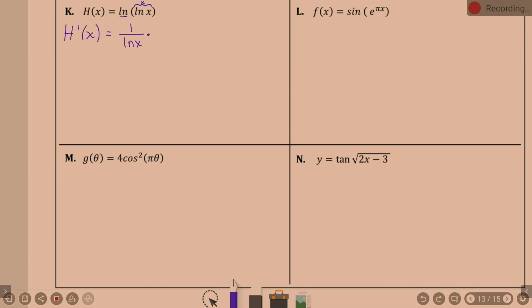Can we take the derivative of that something? Yes. What's the derivative of natural log of x? 1 over x. Can we just multiply these? How would you write them if you multiply them? 1 over natural log of x. Not exactly. 1 over the natural log of x.